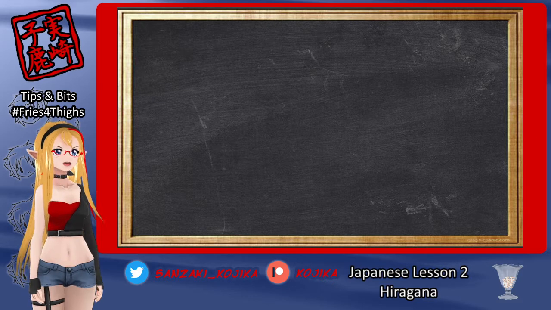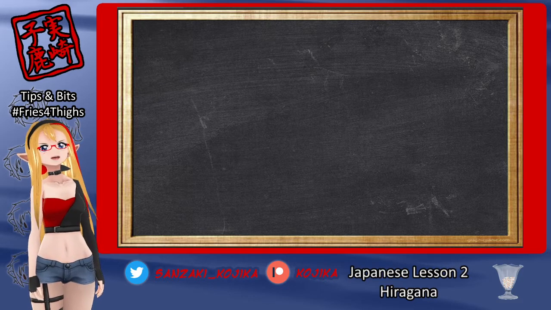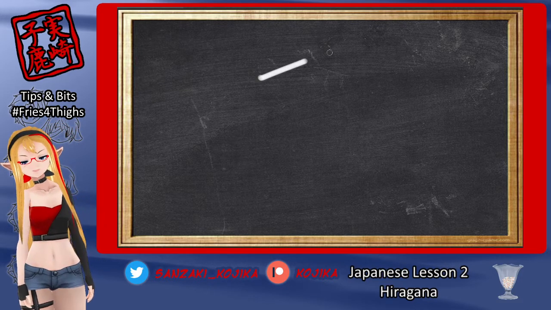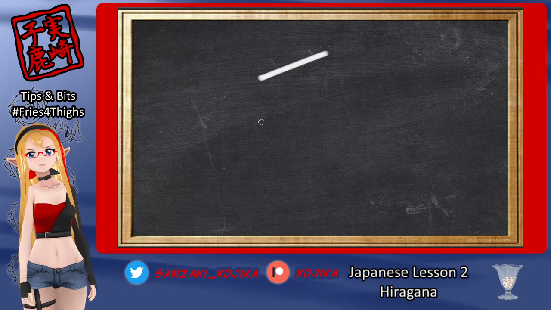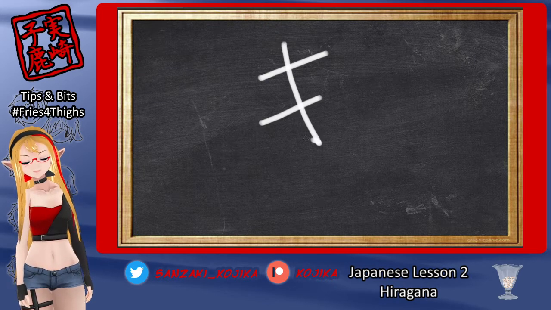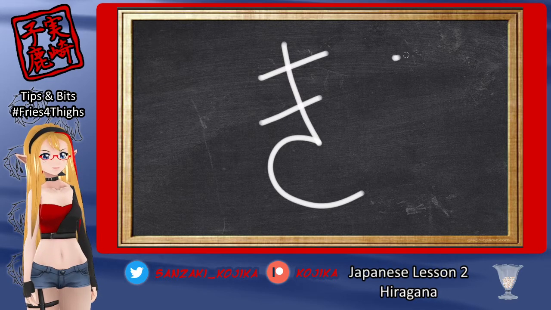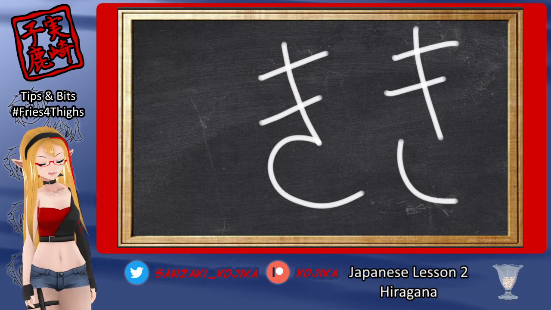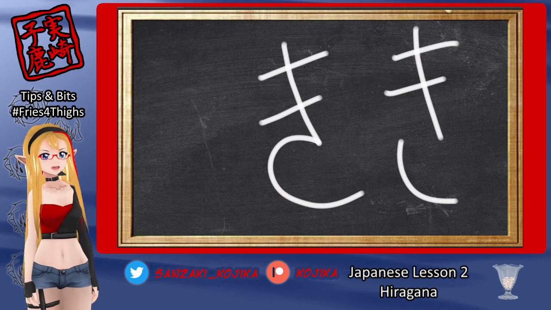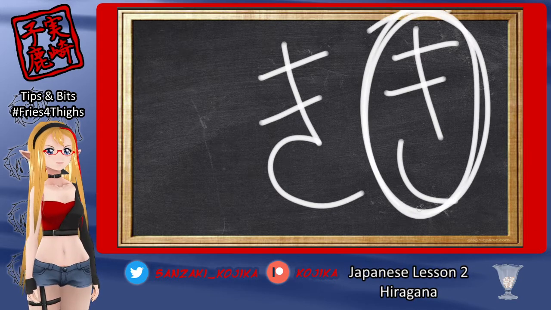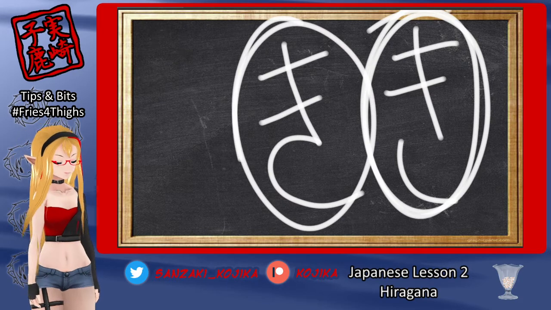All right, so ki is going to be one that, once again, looks a little weird. You can see ki written like this, but you can also see it written like this. I was actually taught how to write it this way, but in print, you tend to see it this way.